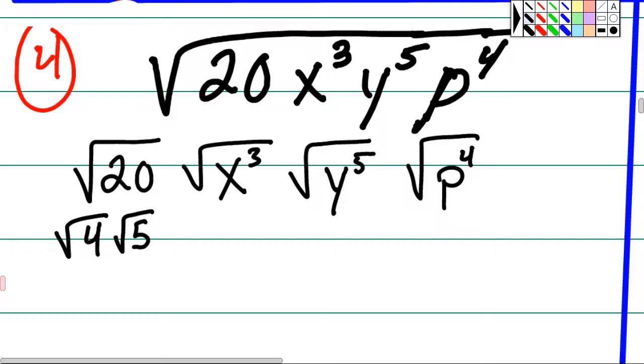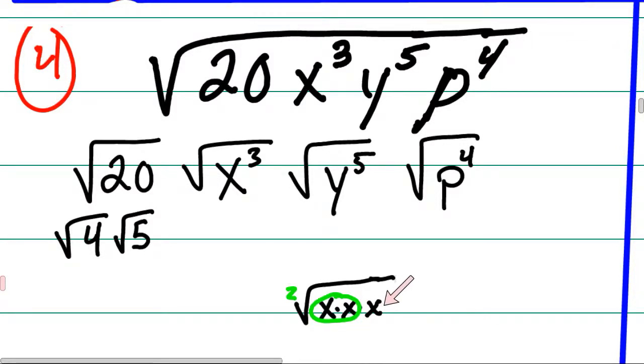Square root of x cubed. Okay, what does that mean? Well, that's really square root of x times x times x. Now remember, when we're taking a square root, we're trying to find groups of 2 that we can take out. So I got a group of 2 there. Now you noticed I have one x remaining inside the radical. So he's kind of stuck in there.